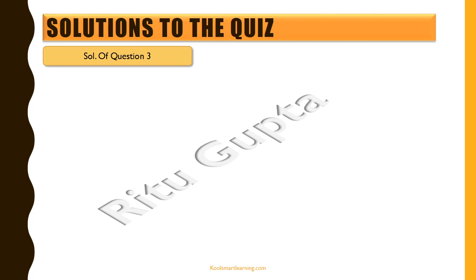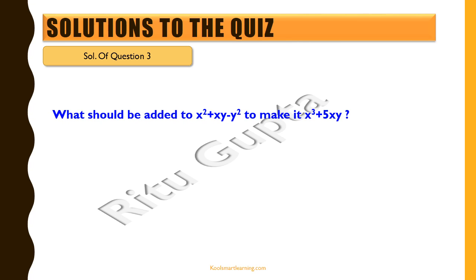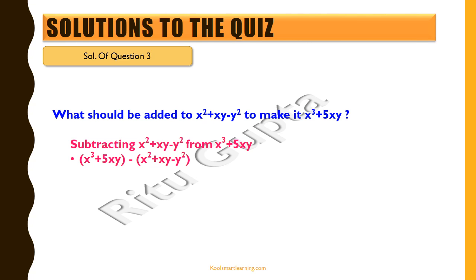Now let's look at the last question, the solution of the last question. What should be added to x square plus xy minus y square to make it x cubed plus 5xy? Now as we do in the arithmetic operations, we'll subtract x square plus xy minus y square from x cubed plus 5xy. So doing that again, for subtracting, we put the first expression minus the second expression, where both the expressions are put in the brackets.